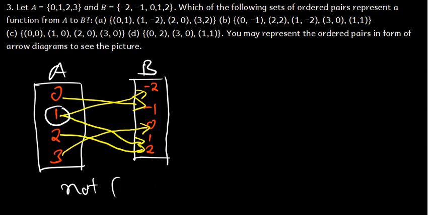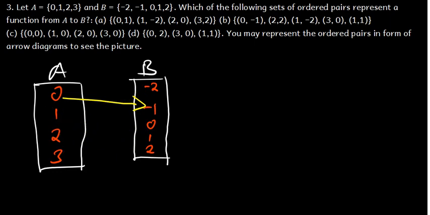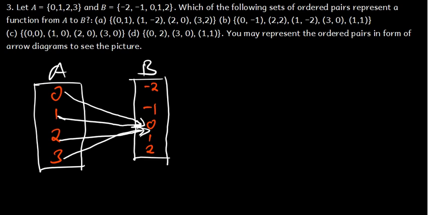Let's go to the next one. We go to part C. Is part C a function? Let's see. We have got 0 comma 0, this point here. Then you have got 1 comma 0, going there. Then 2 comma 0, 2 going there to 0, that is just okay. Then 3 comma 0 again, this one going there, that is just okay.